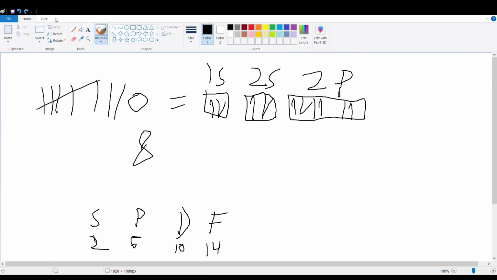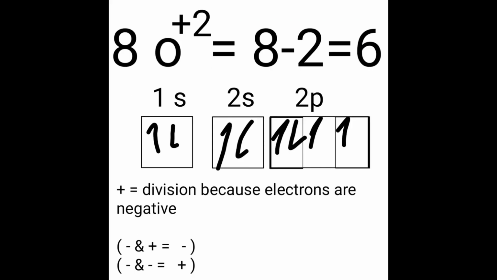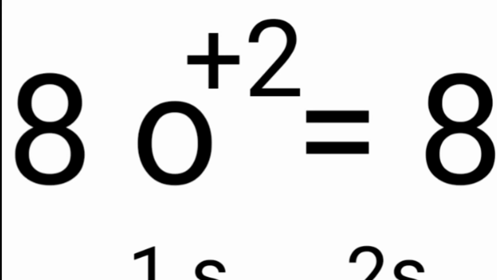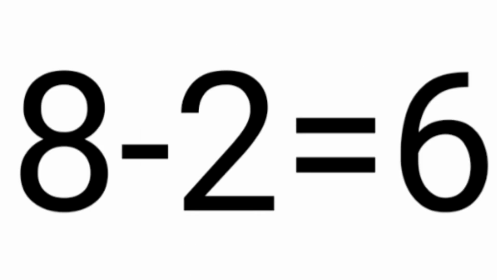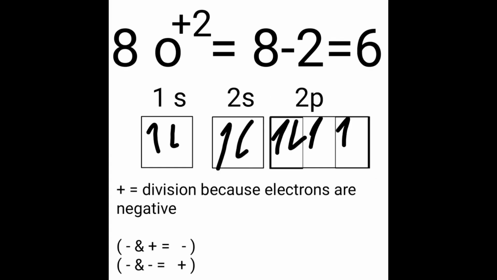So yeah, basically that. Also, if after your atom, like imagine this, O, oxygen, has a +2, subtract 2 electrons from the original electrons. So imagine you have 8 electrons, you change it into 6 because -2. You might be thinking, oh, but it says +2.